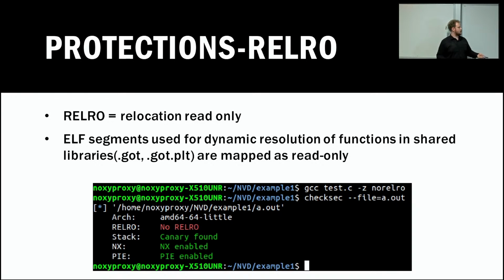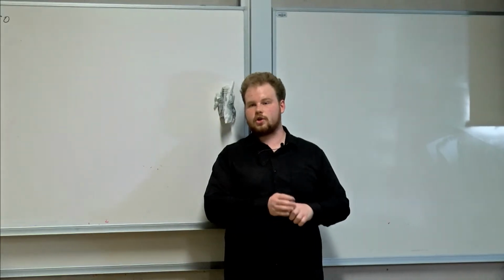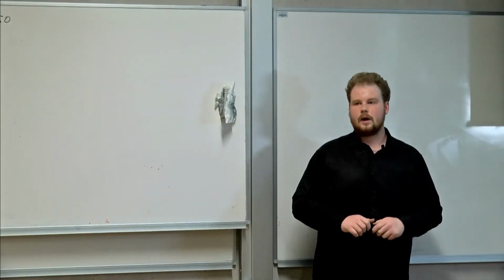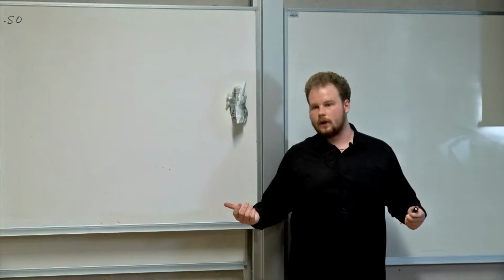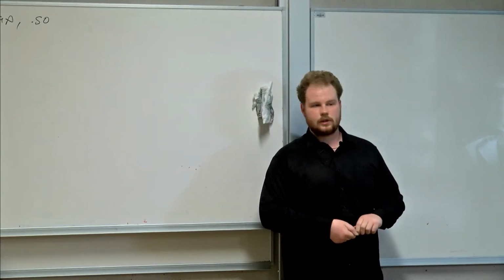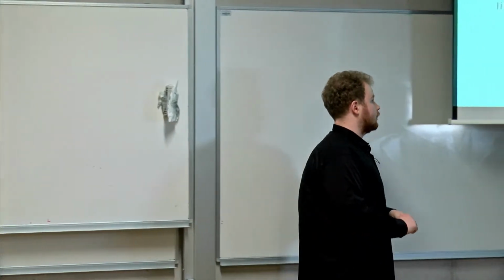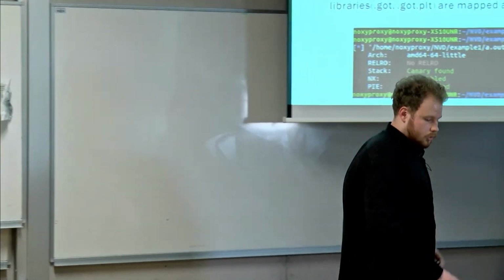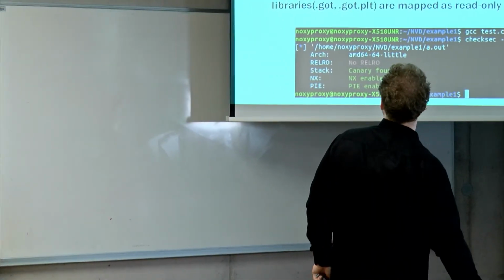It stores it in a table, and that table, if it's mapped as writable, we can overwrite the addresses there and basically point to any function. So basically we can point printf to any other function of our choosing. We can point it to system and then print out /bin/sh, which results in us spawning a shell.